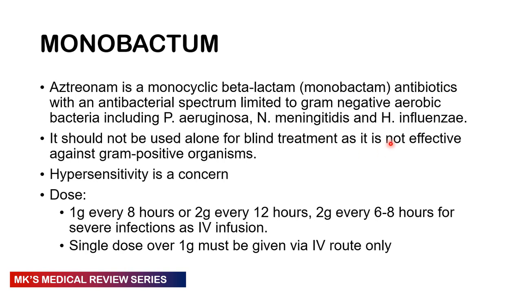This drug should not be used as monotherapy if you're giving blind treatment, so it should be combined with other drugs because it doesn't work against gram-positive organisms. It also carries the risk of hypersensitivity. The dose is 1 gram every 8 hours, or 2 grams every 12 hours, or 2 grams every 6 to 8 hours in severe infections, and you give this as an infusion. Single doses over 1 gram must be given via IV route only.